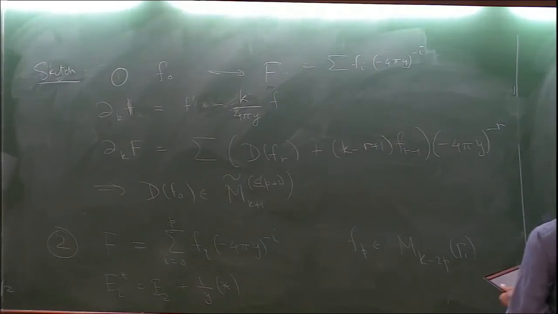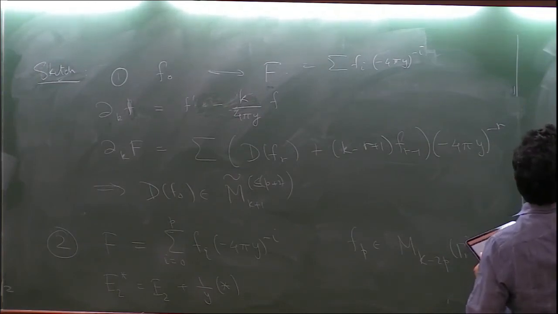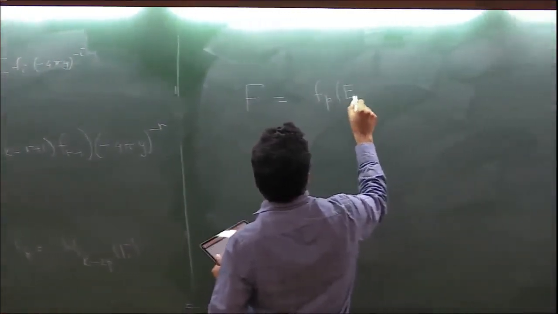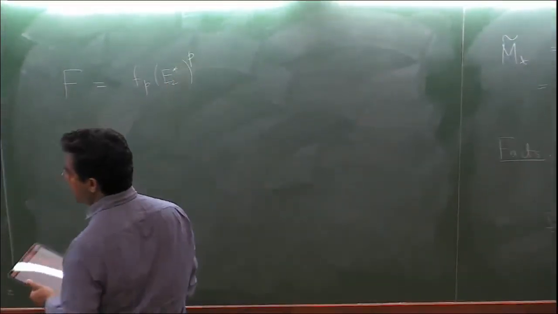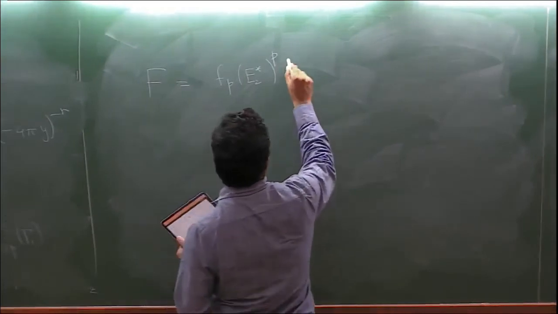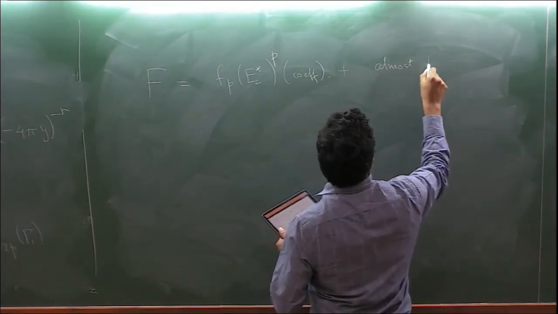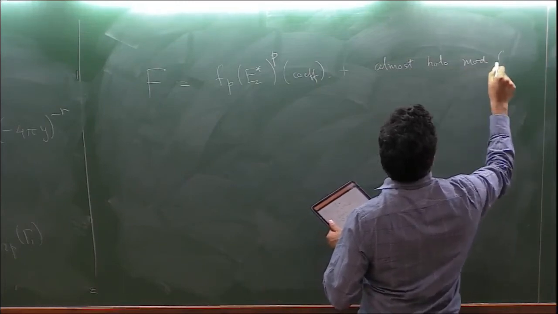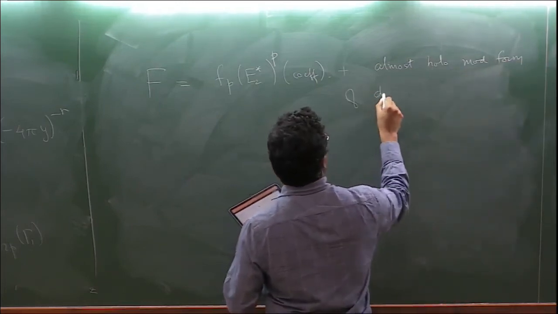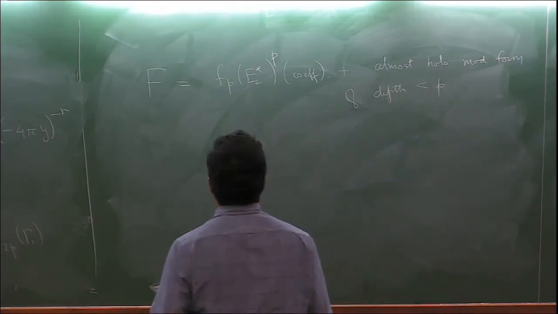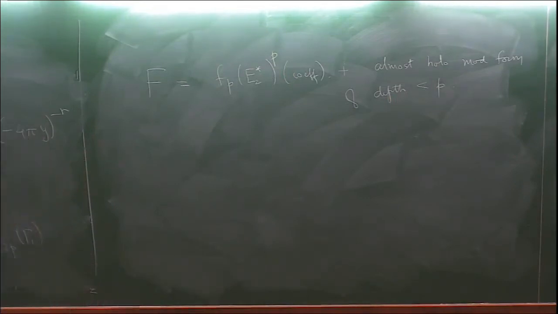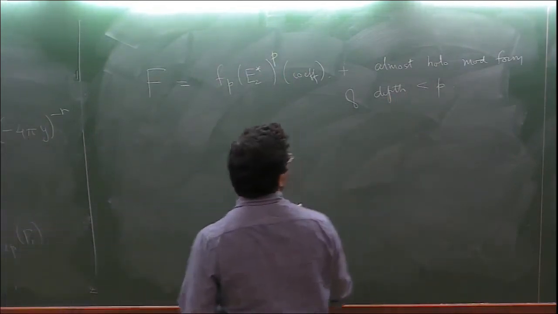But this means I can write my f as f_P times E2 star to the P. I just raise it to the Pth power, with some coefficient, plus an almost holomorphic modular form of depth less than P. Because this is the depth P part of it, and then I write everything else.